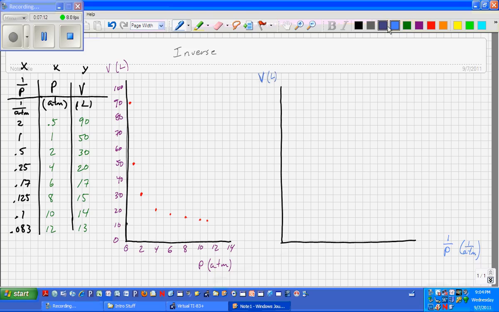I guess I got to put in my scales. This ought to be the same: 0, 10, 20, 30, 40, 50, 60, 70, 80, 90, 100. Now, I'm going to go from 0, but I'm only going to go to 2. Here's my max.